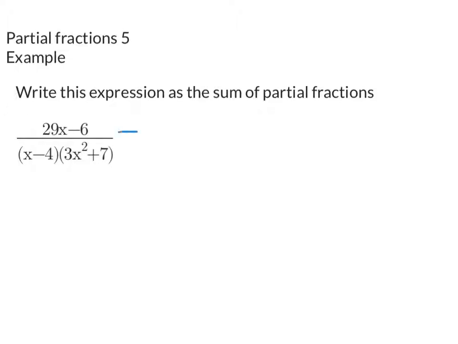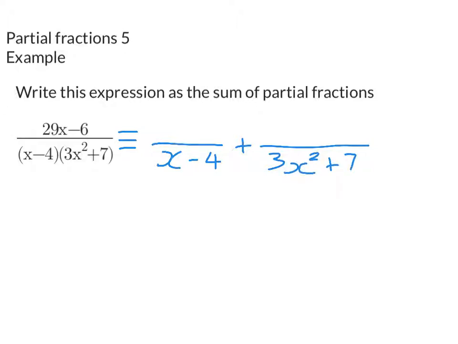We need to split this up into two fractions. One has x minus 4 as a denominator, and one has 3x squared plus 7. Now, we're going to have a constant term here, but we need a linear factor here.